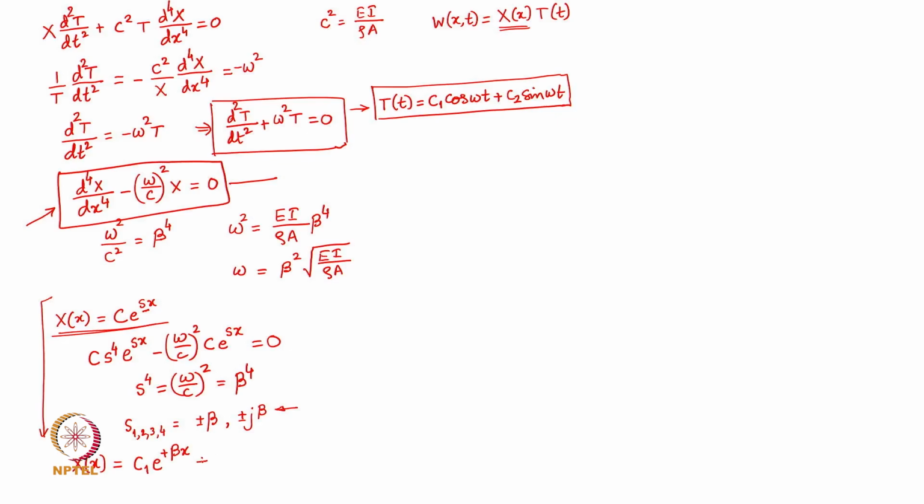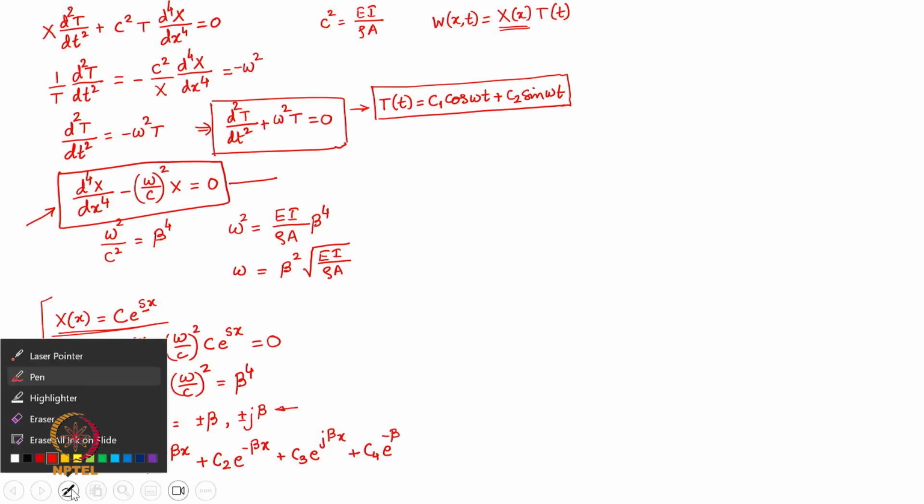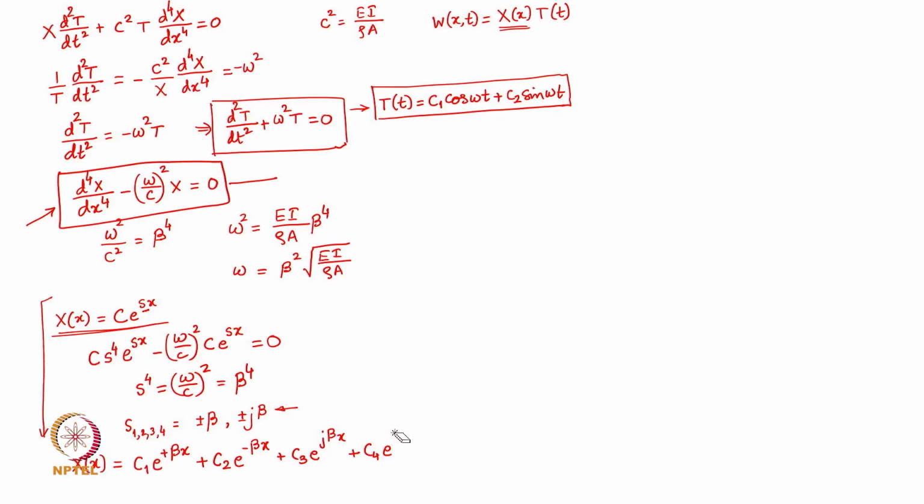A general solution will be comprising of all the roots, so contribution from each one will have to be taken into account. So, C2 e to the power minus beta x plus C3 e to the power j beta x and plus C4 e to the power minus j beta x.